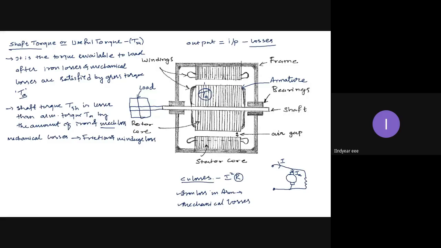Okay. So friction and windage loss occur mechanically when the structure starts rotating. Or when the friction and windage loss are overcome, after that the structure starts rotating.